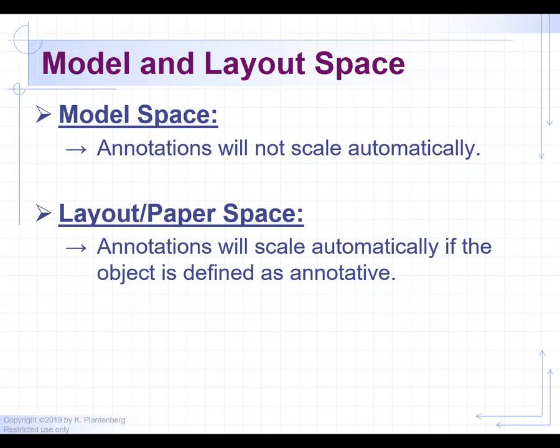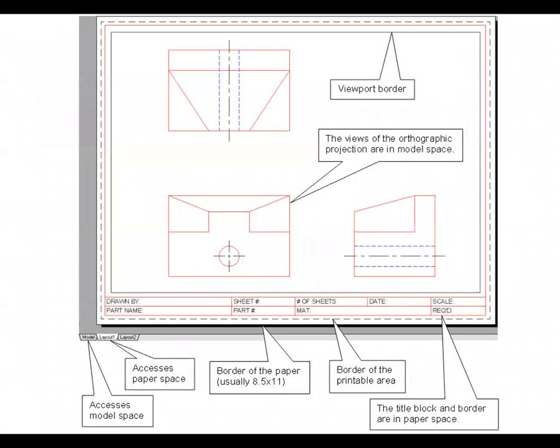Layout and paper space annotations will scale automatically if the object is defined as annotative. So right here, like I said, the access to your model space, access to your paper space, the border of your paper, the border of the printable area, and the title block of the paper area.